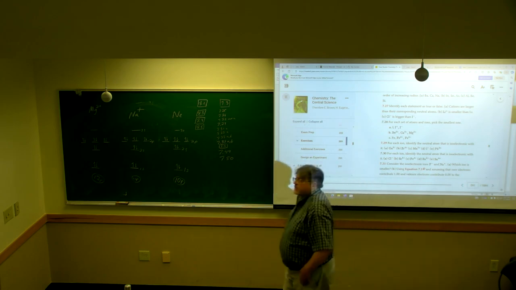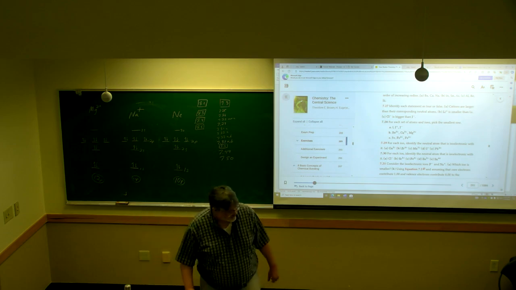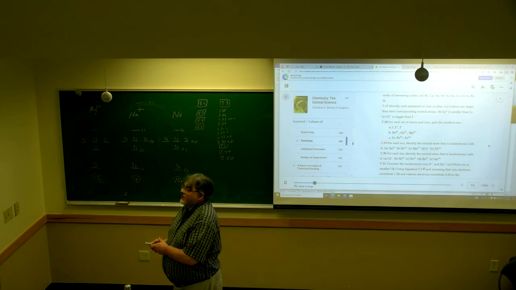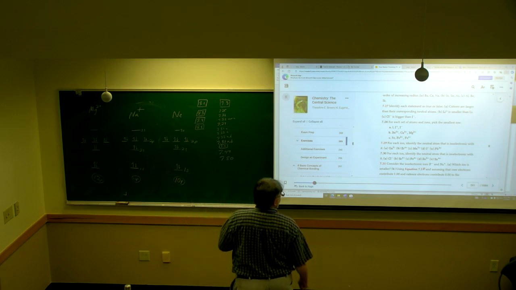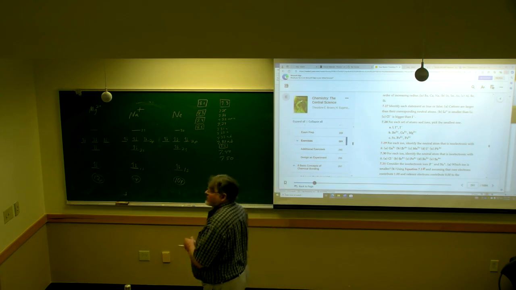Gallium 3 plus. So here's gallium. If it loses its 3 outer electrons, it's going to lose this one, and the calcium and the potassium. So that's gallium 3 plus. Identify the neutral atom that is isoelectronic with it.